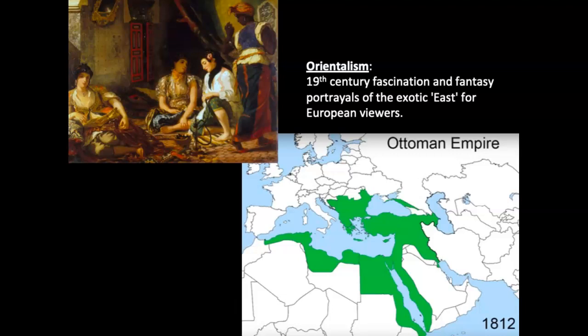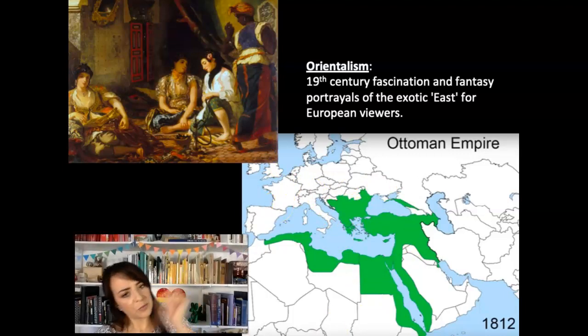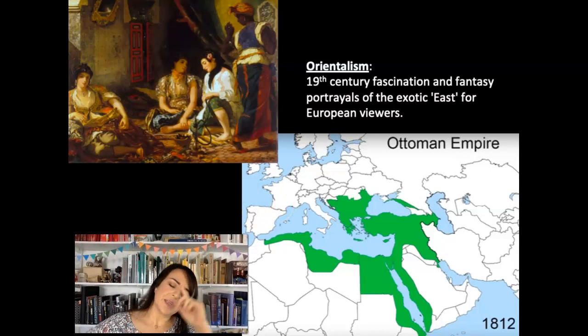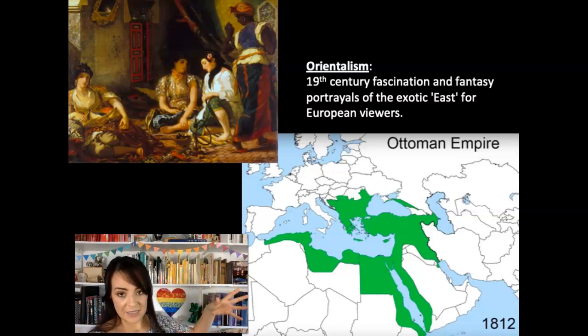So I've put here in quotes East because it's east of Europe. The Ottoman Empire is east of Europe. Now the word Orientalism comes from the Greek. Orient means east, or more specifically, where the sun rises, which happens to be in the east. So Orientalism is this fascination with things in the east.